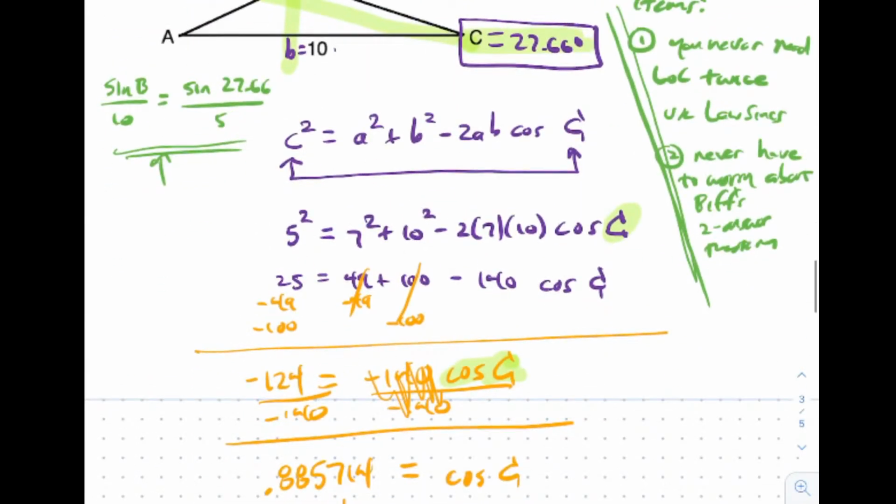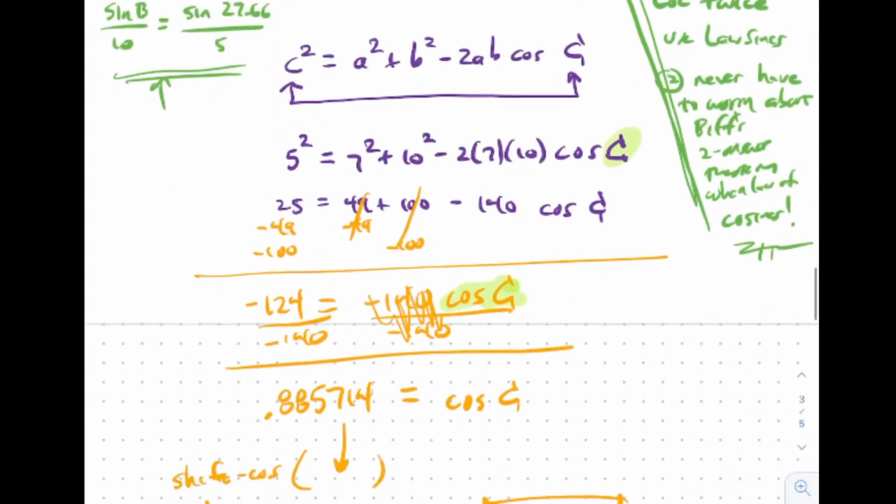So that's just kind of slick. So if you're using the law of sines, be paranoid. But if you're using the law of cosines, don't worry about it. You're not going to have to worry. I've never seen it happen. I don't think it's possible.